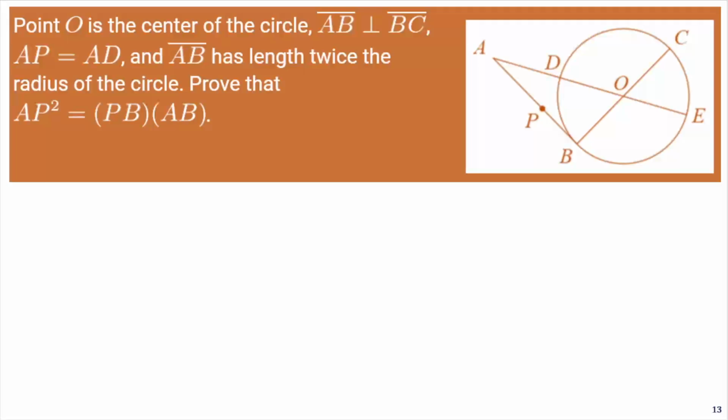Alright, let's have a look at the solution together. Since diameter BC is perpendicular to AB at point B on the circle, AB must be tangent to that circle, right?